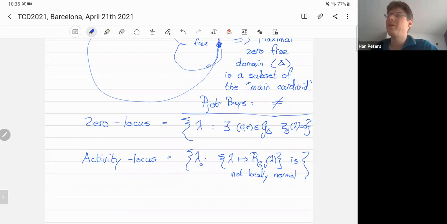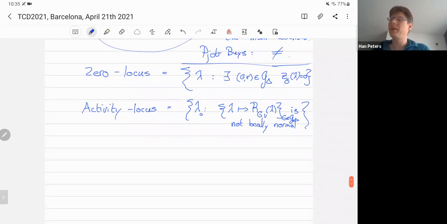So my family here is a family as I vary the graphs, right? So my graphs G are in G_Δ. I consider all possible graphs of some maximal degree. So that's my definition of the activity locus. It's already closed, so I don't have to take the closure.